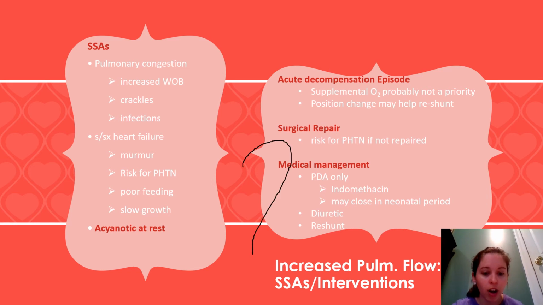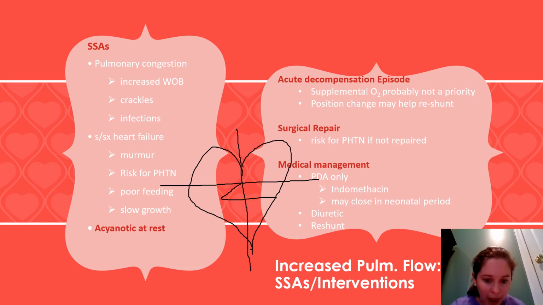So if we think about our heart and we're thinking about how much blood is moving back into the lungs, and if we vasodilate everything, which means all of our vessels, including our lung vessels, when we vasodilate, that improves perfusion, it improves the flow of blood. Do we want to improve the flow of blood to our lungs? No. If we give high amounts of oxygen, it's just going to exacerbate our problem.